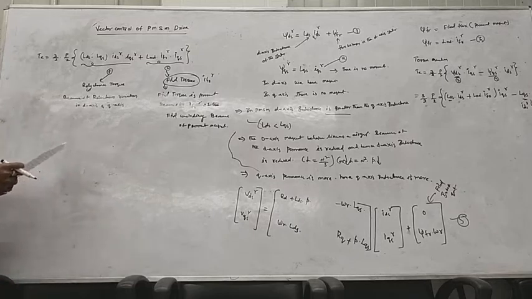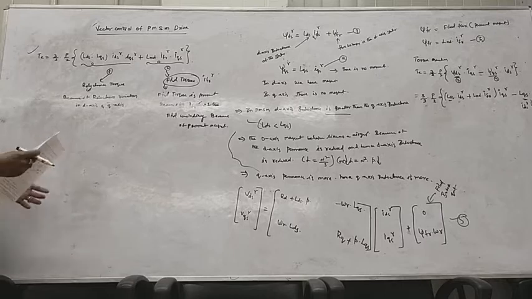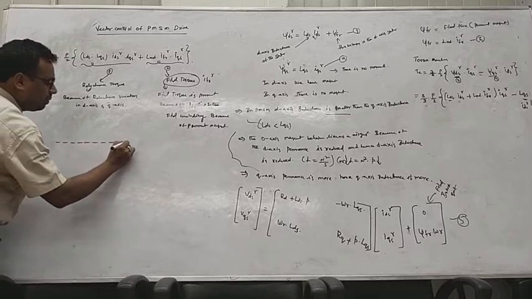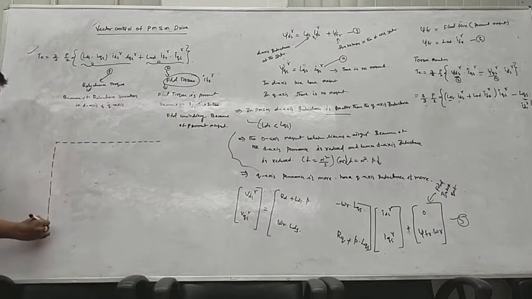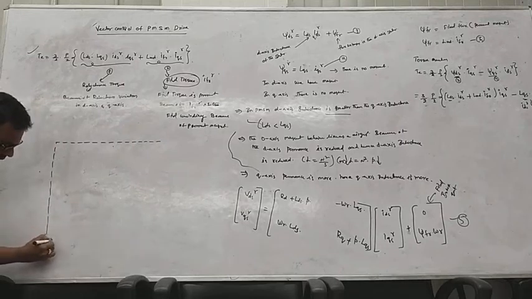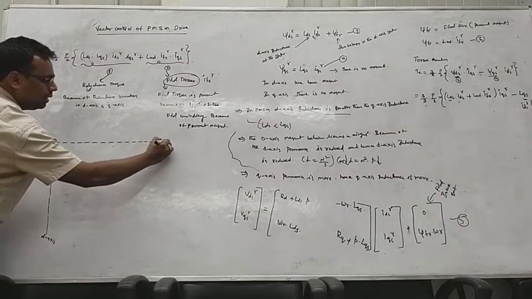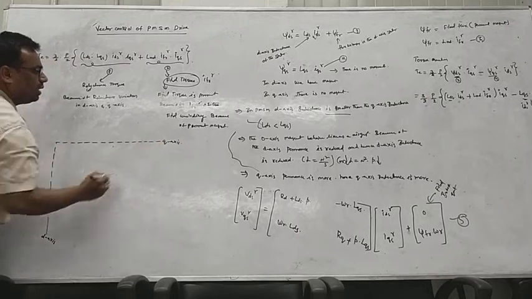So now we will implement the vector control for this particular torque equation, the vector control of the permanent magnet synchronous motor drive. If you observe the phasor diagram here, this component is the d-axis component and this is the q-axis component.